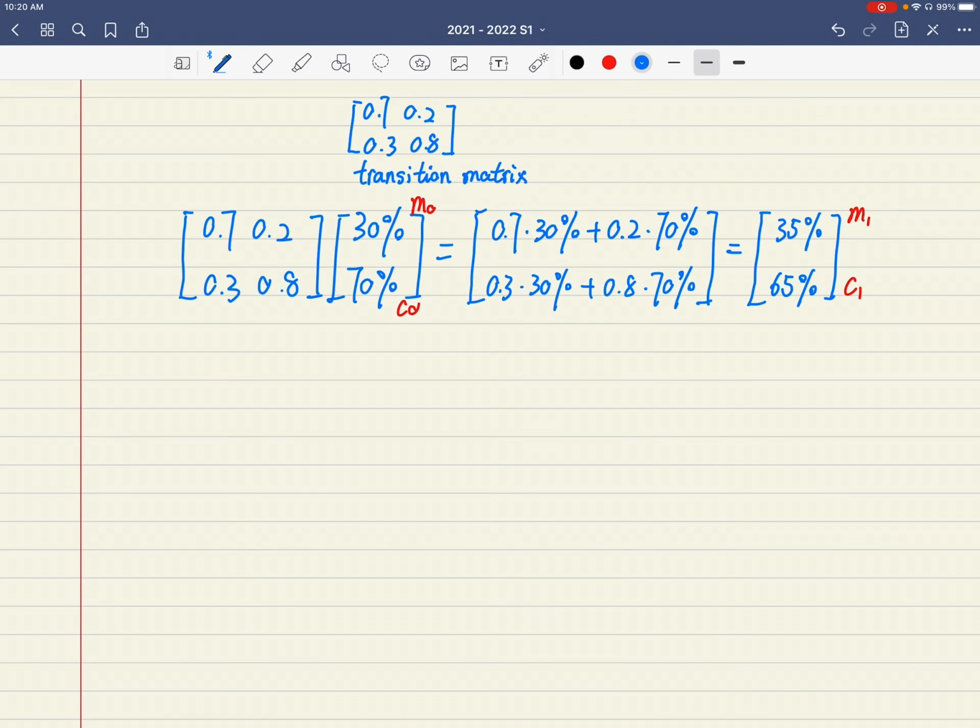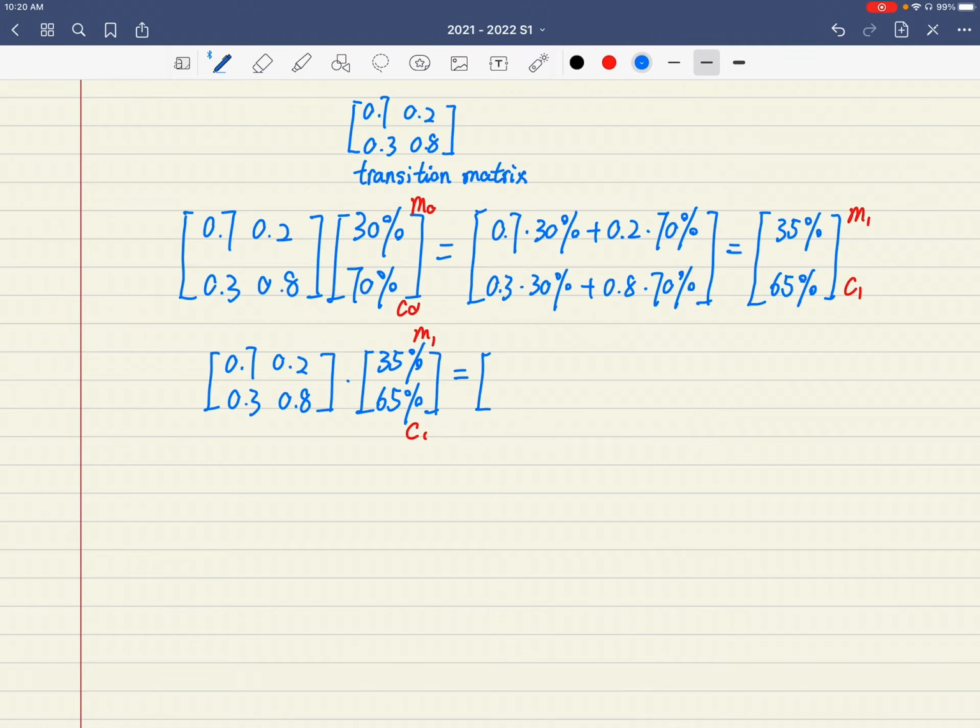Then what about the year after next year? It's very similar, same transition matrix. Just the transition matrix times next year's situation. Here we have 35%, 65%. This is M1, this is C1. Just do the matrix multiplication.